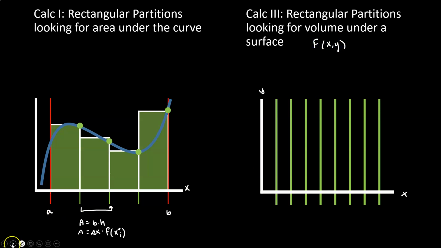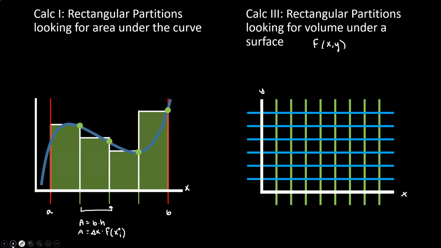So we'll chop up the x-axis, then we'll chop up the y-axis. Now we've partitioned our domain into a bunch of tiny squares. In Calc 1, you partitioned your domain to get small segments. In Calc 3, you partition your domain to get squares.